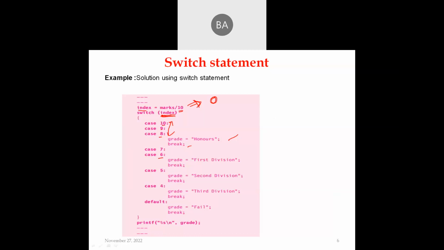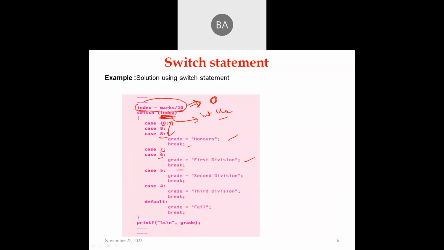If the marks index is 6 to 7, that is 60 and 70, we associate the grade first division and then break. This is the scaling we are doing based on the mode of the switch expression. The switch expression should take either an integer value or a character constant. That is the reason we are changing these conditions into integral values.